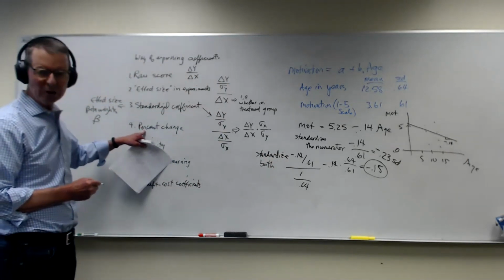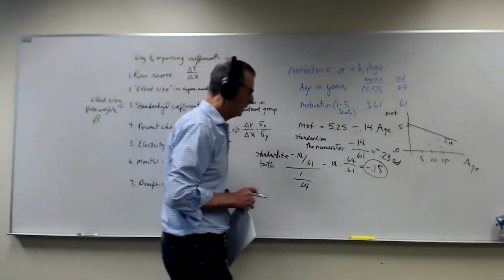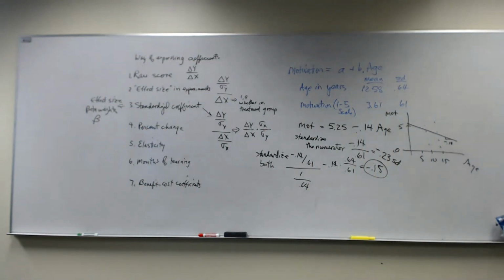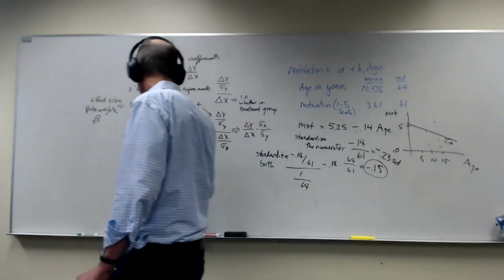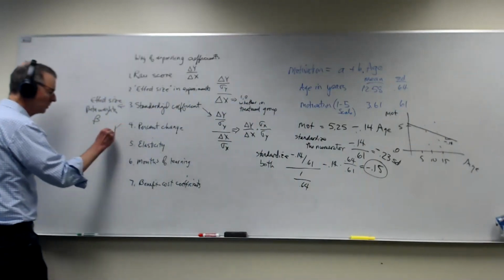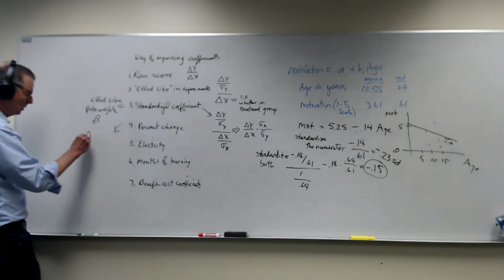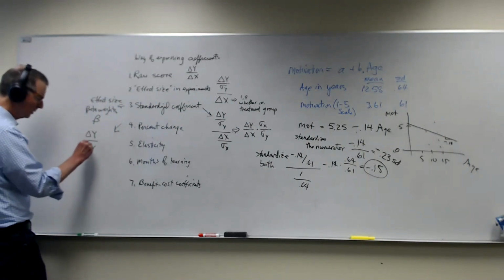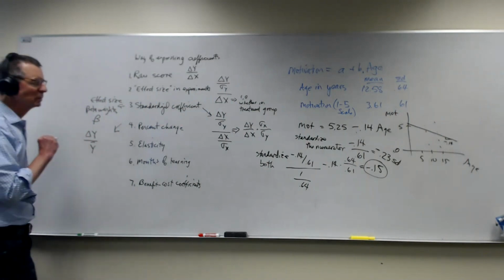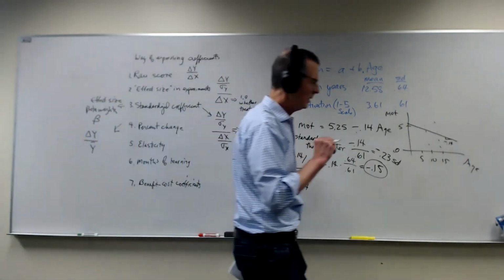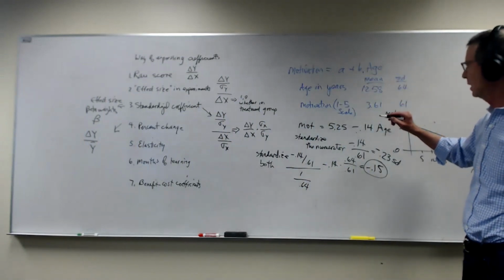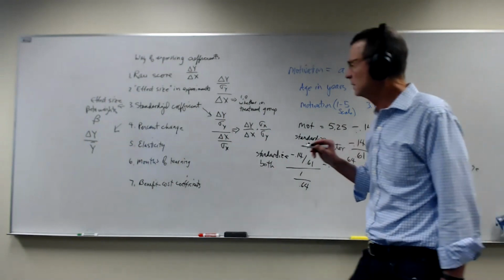Economists like percent change. You know, to what extent on a percentage basis is motivation changing as a function of age? So percent change is just change in y relative to the average of y with each additional year of age. The average is 3.61.